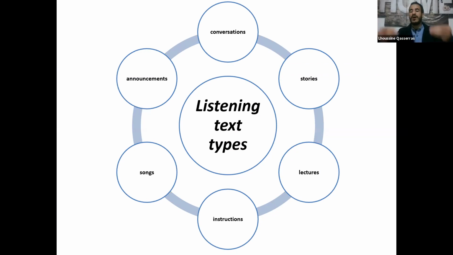Which means when you are teaching, vary your listening materials, vary your listening checks. I love songs, but I can't use songs all the time because I'm not teaching myself. If I were teaching myself, then I could use songs all the time, but I'm teaching different learning styles. So use stories, sometimes lectures, other times instructions, next month announcements, etc.